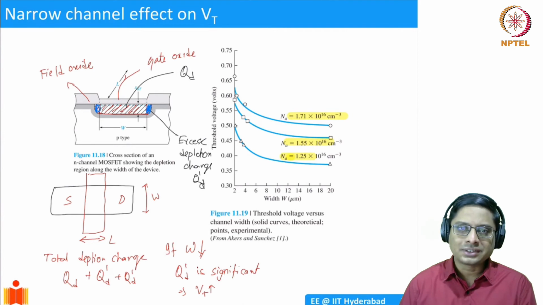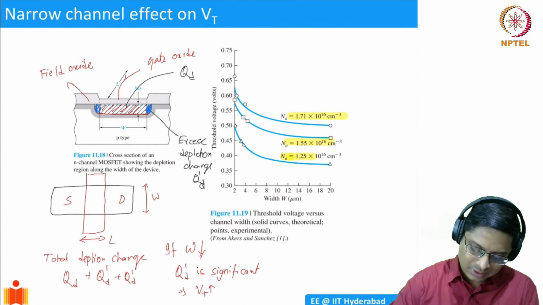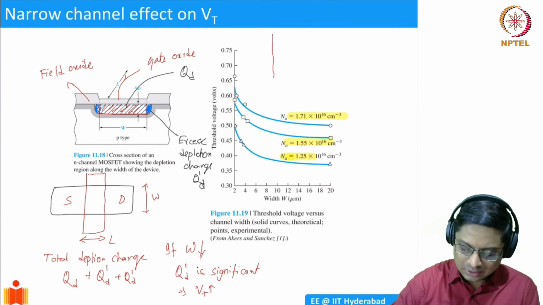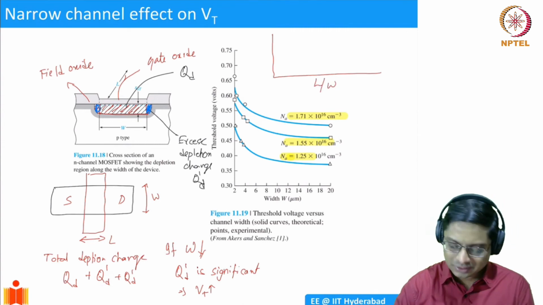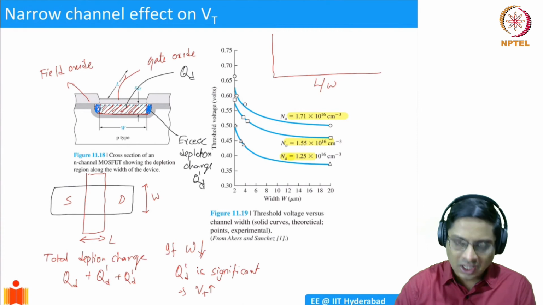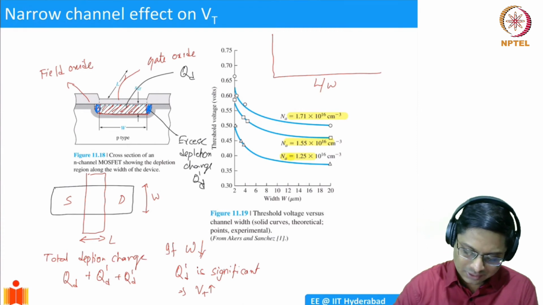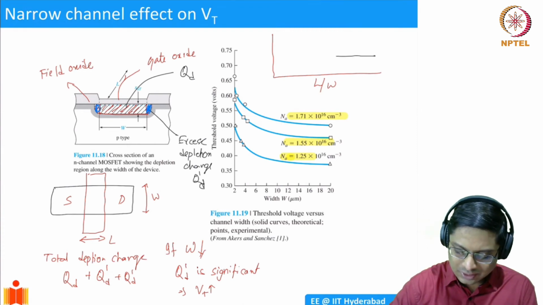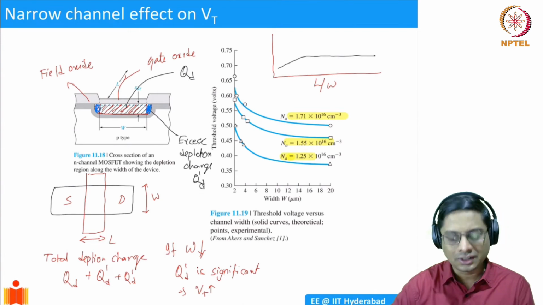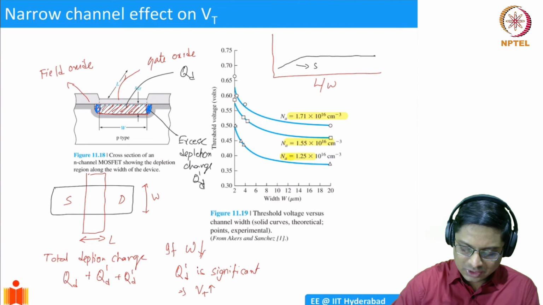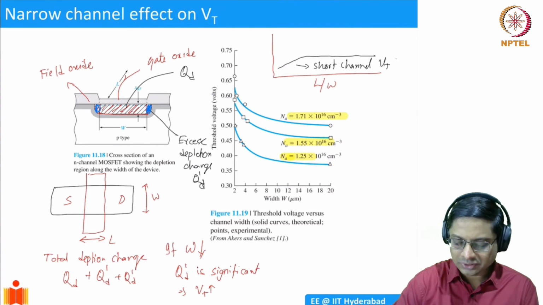So to summarize, there are two effects on VT. Let's call this length or width. Both I'll plot on the same graph. If your length or width is large, I'll put it in black. If the length is large, VT is constant. But once you come to short channel, VT reduces.